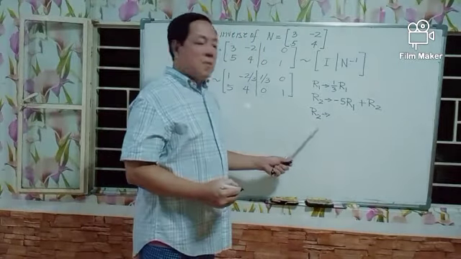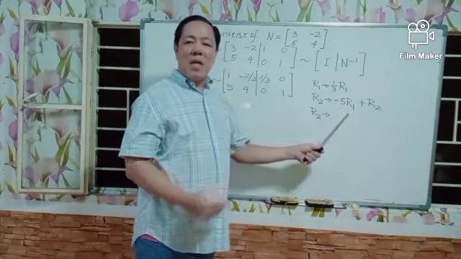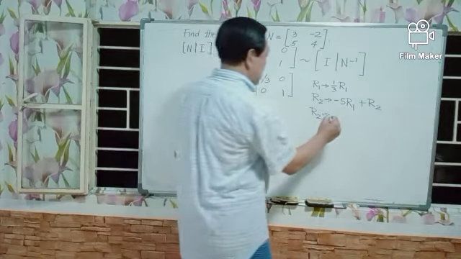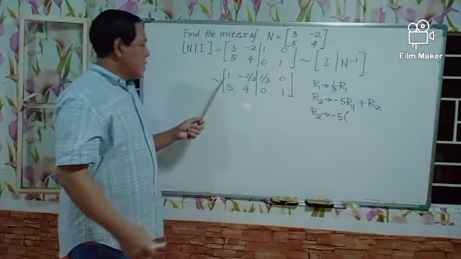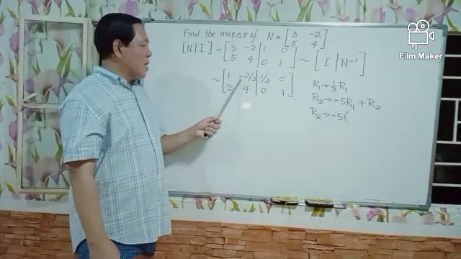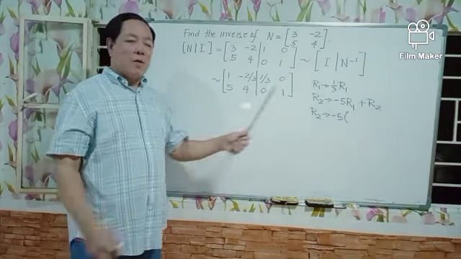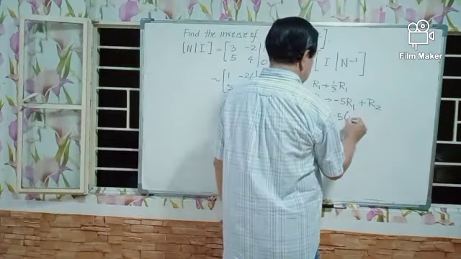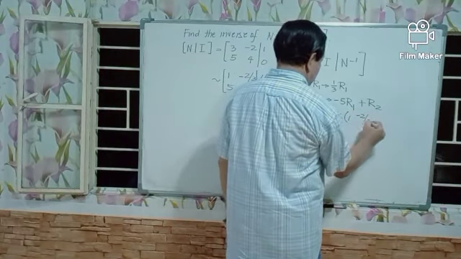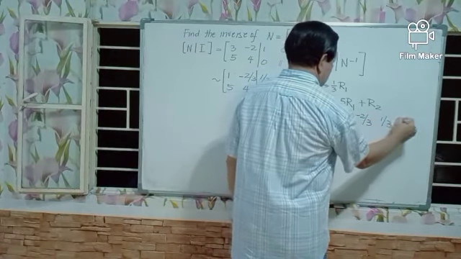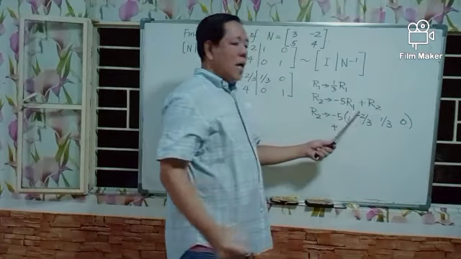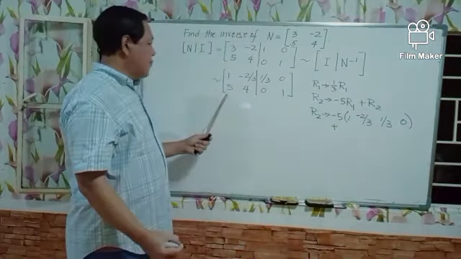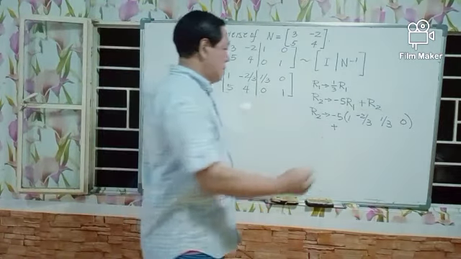R2 is replaced by negative 5 multiplied by the entries of row 1. The entries of row 1 are 1, negative 2/3, 1/3, 0, plus the entries of row 2, 5, 4, 0, 1.